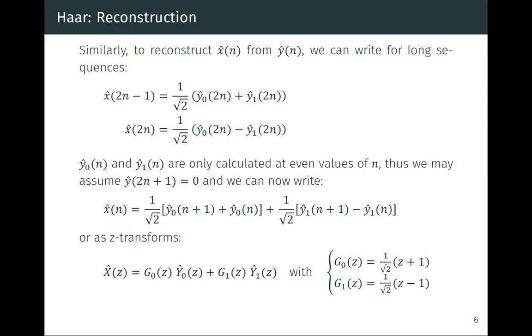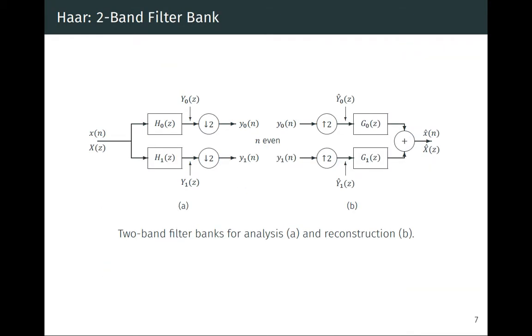But basically, the reconstruction goes as follows. You say that the reconstructed filter is the summation of these two filters that are defined as the inverse of your Haar transform. And this is the final system. On the left, you have what's called the analysis.